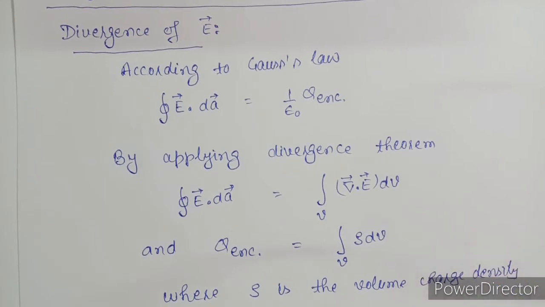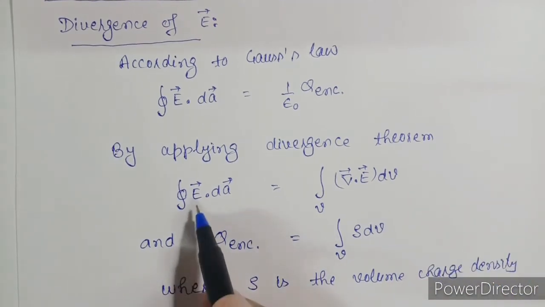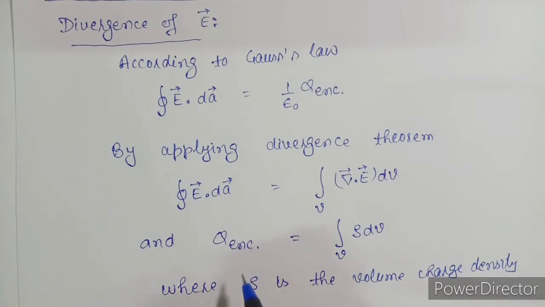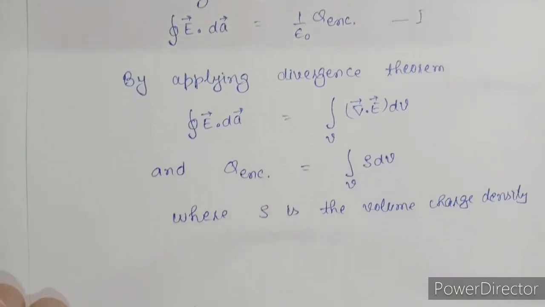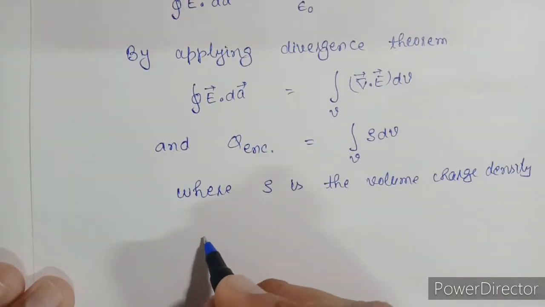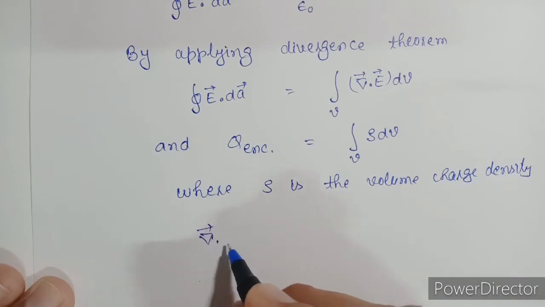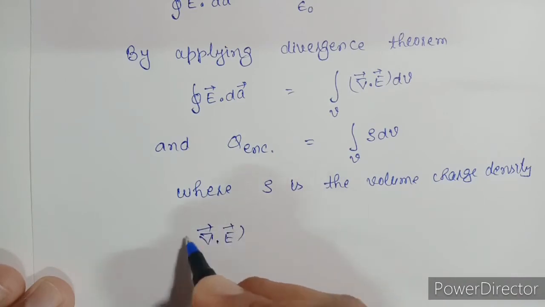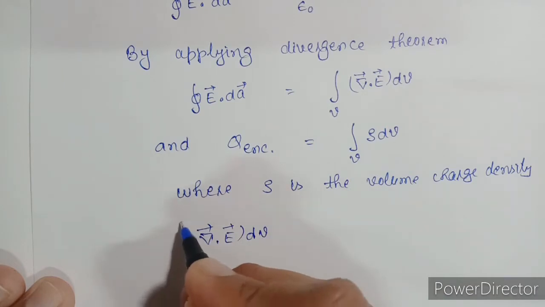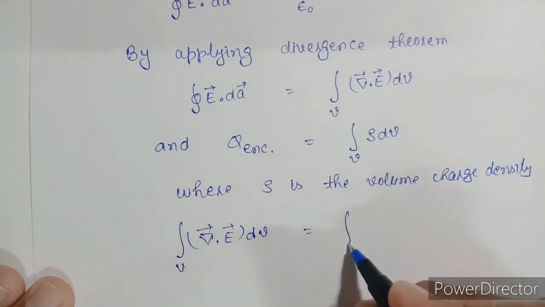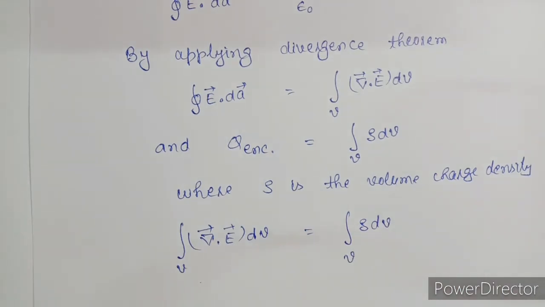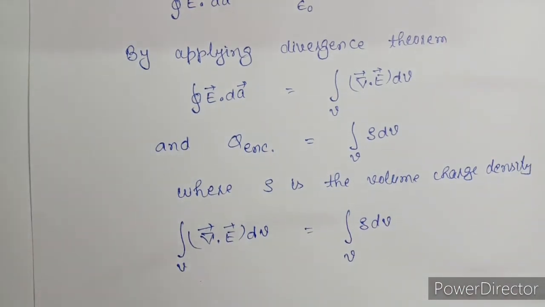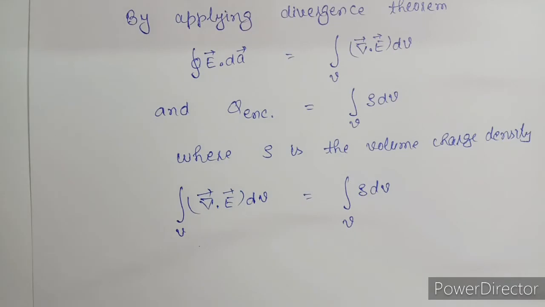So when we substitute the value of E dot dA and the total charge enclosed in the first equation, we get the integral of del dot E dV is equal to the integral of rho dV over epsilon naught. Okay, so on both sides we have a volume integral.